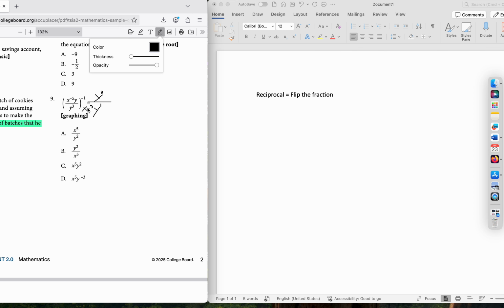What I mean by that is there is a property that lets you move around a variable with a negative exponent so that you can get rid of that negative.